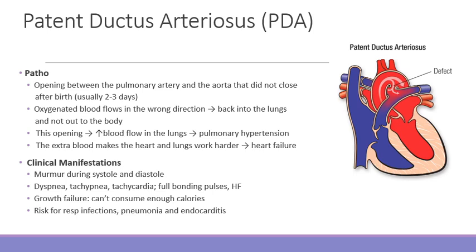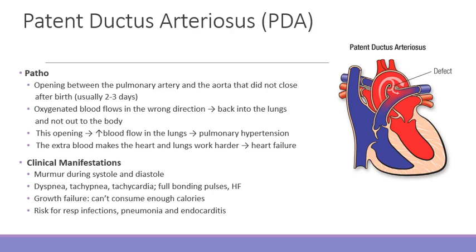What happens when a baby's born and starts to breathe? We have pressure changes that should close off this ductus arteriosus that usually occurs in the first 2 to 3 days, where this blood is going from the pulmonary artery to the lungs to get oxygenated. It comes back through and then can go out through the aorta and out to the body.